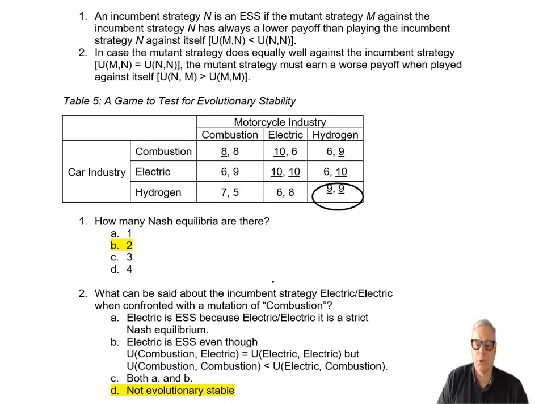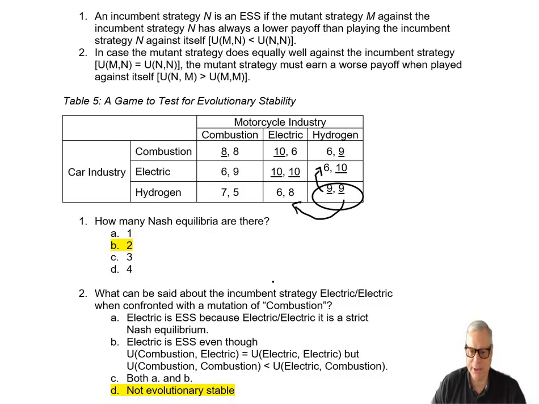If the car industry decided to go to electric, that wouldn't be a good idea. They would immediately lose 3. Also if the second player, the motorcycle industry, went to electric, they would also lose immediately.